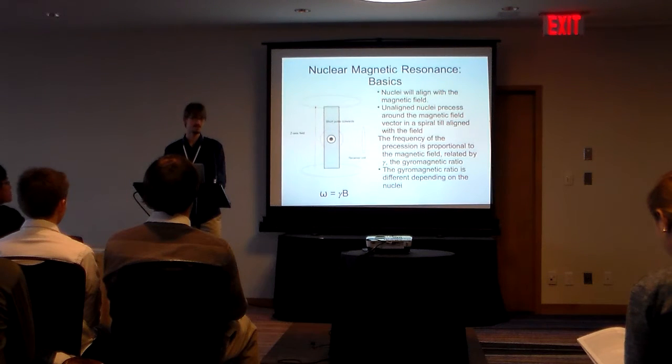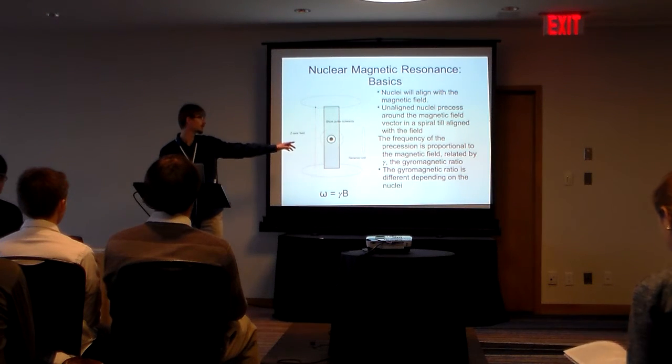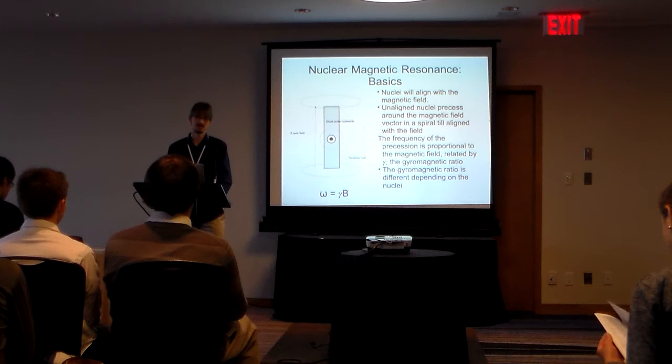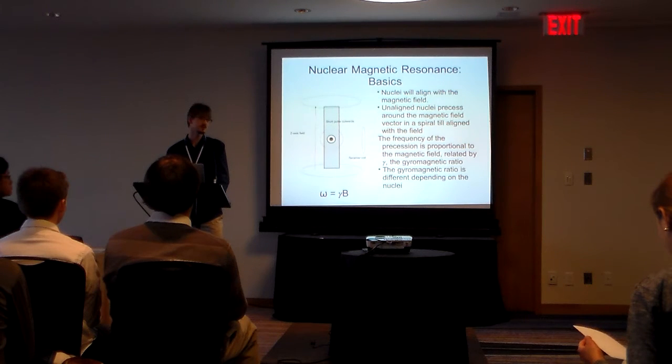So depending on the sample, and knowing the magnetic field, and knowing the precession, which we can measure with a coil using the law that a changing magnetic field through the coil will cause a current through the coil, we can measure the frequency of the precession, and using that in combination with the magnetic field that we know, we can find the gyromagnetic ratio and thereby determine what material the sample is.